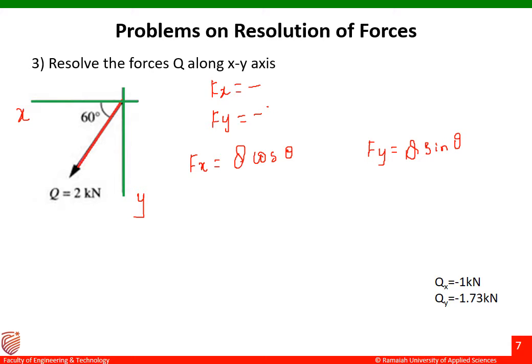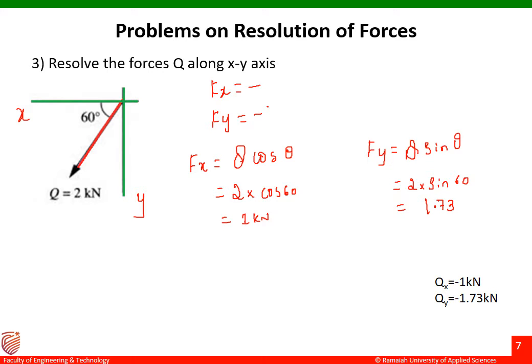The value for Q here is 2 and the value for theta is 60 degrees. So cos 60 degree into 2, the answer would be 1 kilonewton. Similarly for y component, the value of Q is 2 and sine 60, so 2 into sine 60, you'll get the answer as 1.73.